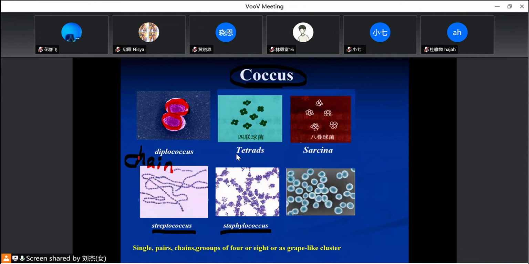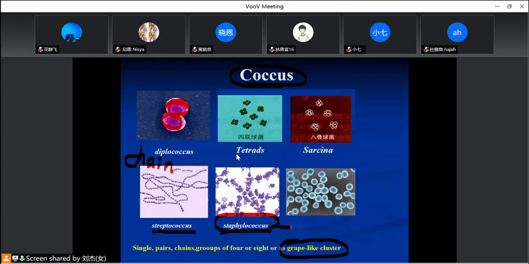It's like a chain. It's called Streptococcus. And this one, Staphylococcus, means they join together to look like grapes, a grape-like cluster. Cluster means lots of them joined together. As they are round, they form a cluster.